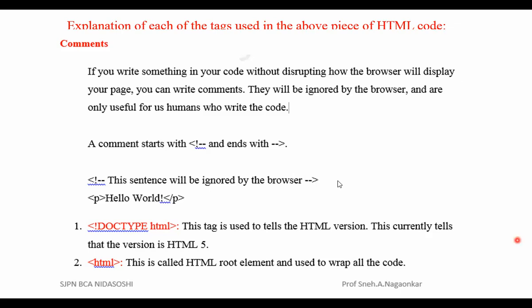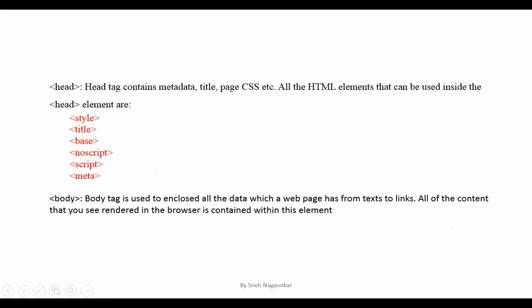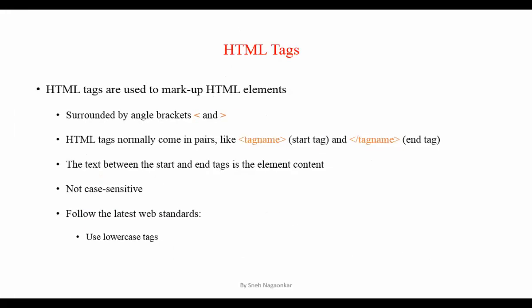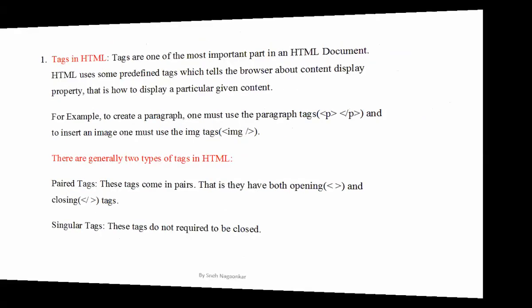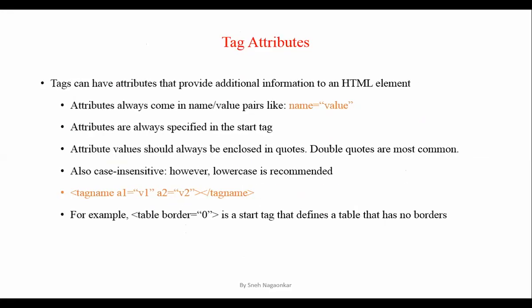After that, you have to explain what will come in the head tag and what will come in the body tag, as I already told you to write. Then you have to write what an HTML tag is, what we mean by HTML tags, the format of the tags, and then the attributes of the tag.